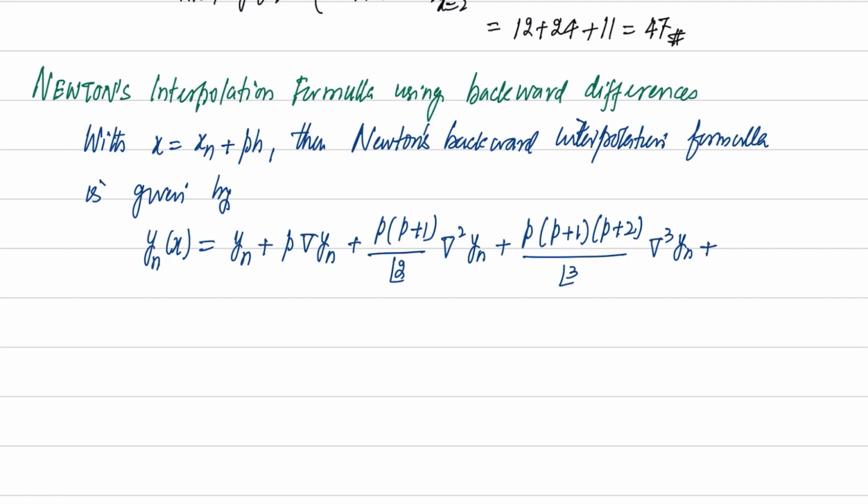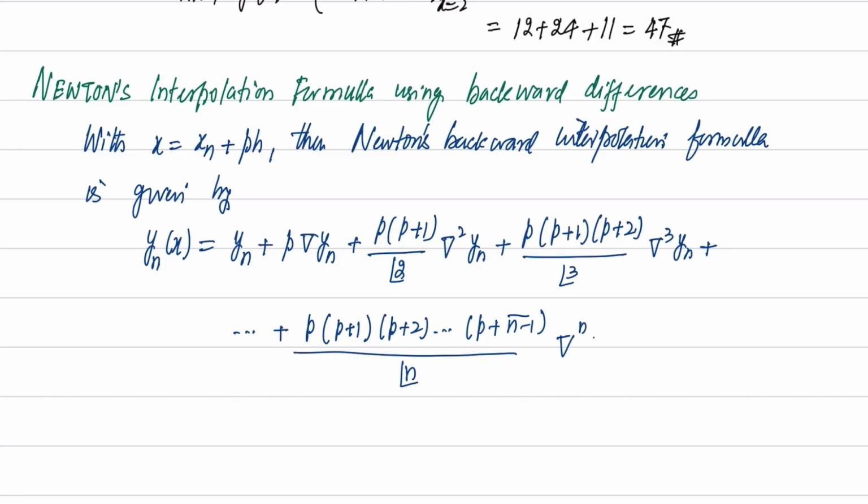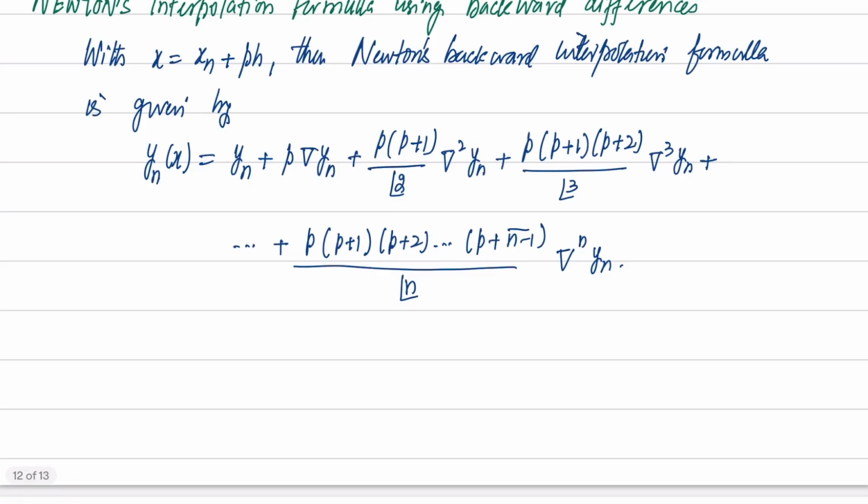Then plus so on, and the last one will be p into p plus 1 into p plus 2 and so on, then p plus n minus 1 whole divided by n factorial, and this will be equal to delta n of yn. So this is how we define Newton's backward interpolation formula.